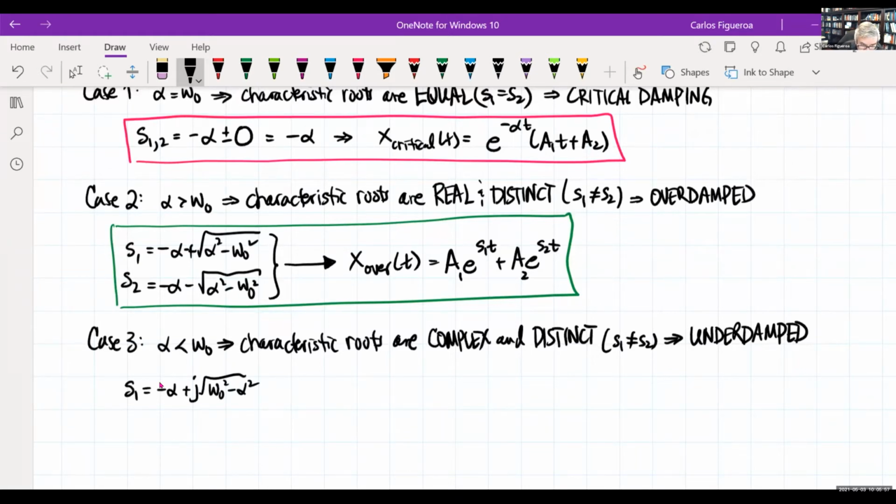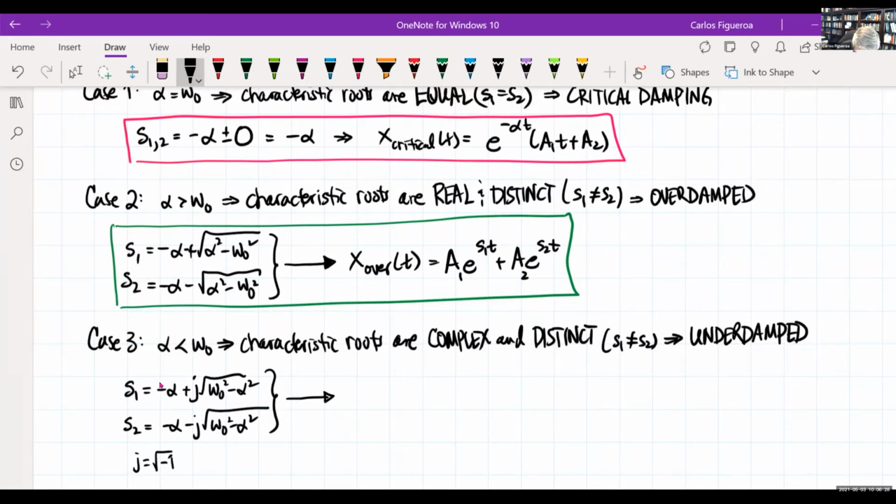And then we typically define the square root term as omega d. But for right now, I'm not going to do that. But until I write the solution, no, we should be really careful here. In this case, because we use I for current, we typically define j as the square root of minus 1.